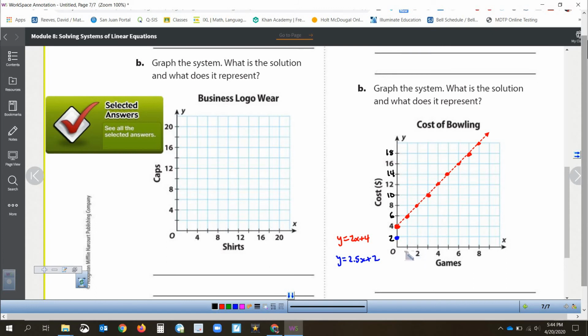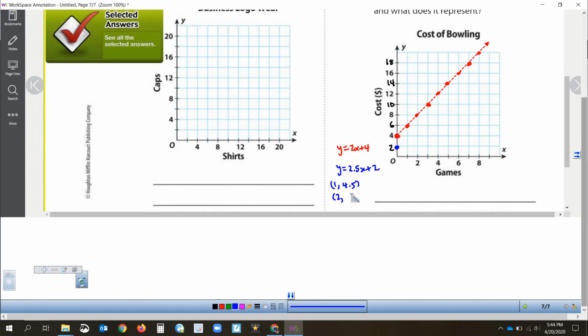All right. But let's see if we can actually get a point that's actually on the grid. So if I play one game, it's going to cost me $4.50. And I'm just going to put the decimal here just to save space. If I play 2 games, it's going to cost me another $2.50 on top of that.